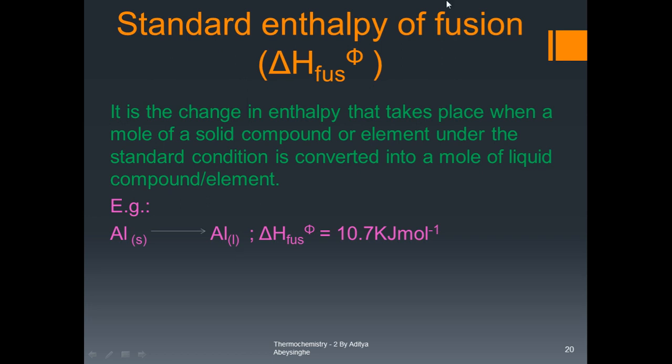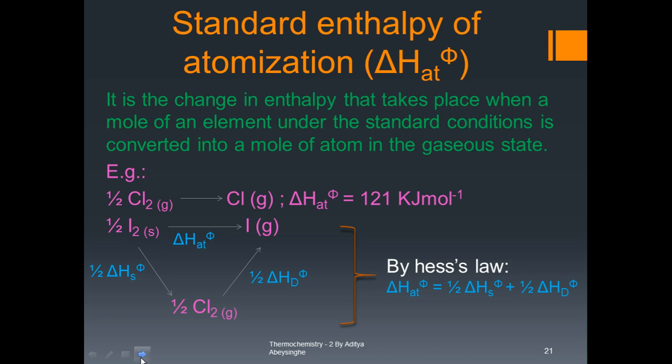And in fusion, we convert a solid into its liquid state. If you take aluminium in its standard conditions as a solid, and convert 1 mole into 1 mole of the liquid, the energy required we have found to be 10.7 kilojoules per mole. That also varies between various elements and compounds.